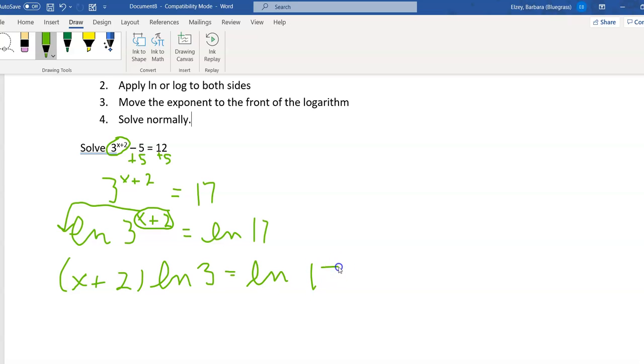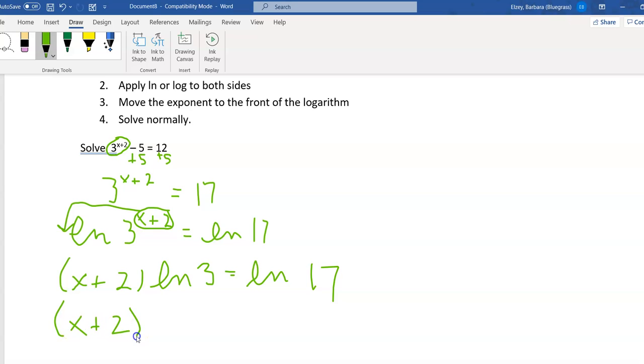All right, now we've got these logarithms in here, and the next step says solve normally. And you might think, well, how am I supposed to solve normally? But natural log of 3 and natural log of 17 are numbers. We can put them into our calculator and we can get a decimal approximation. So let's do that.